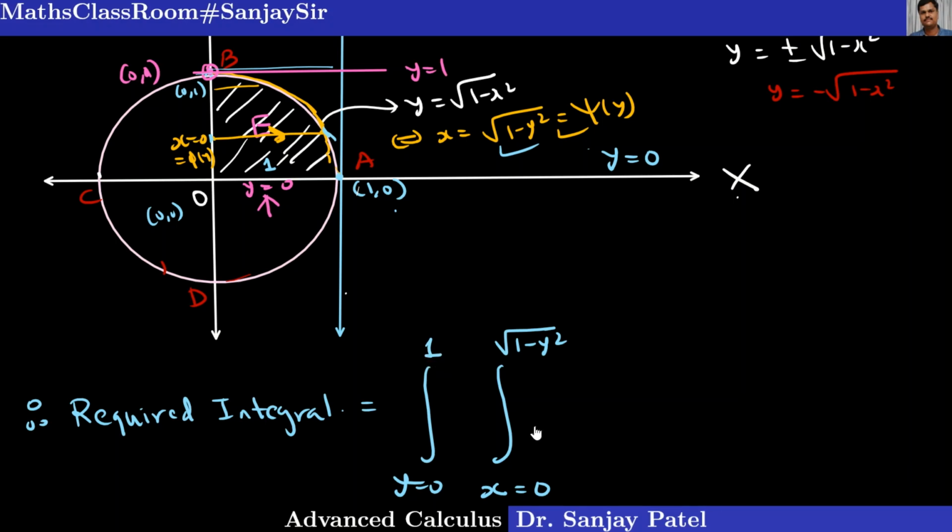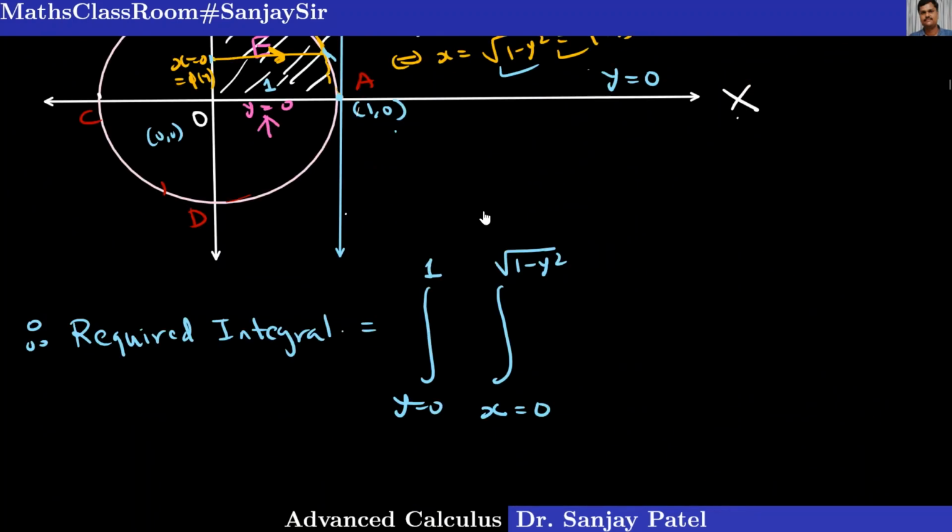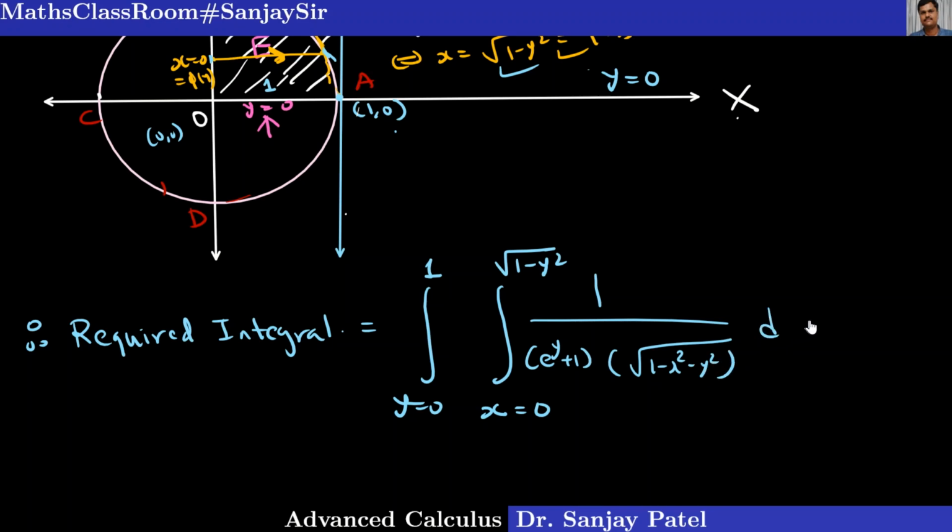So this is the new order, and we want to integrate our function. What was that function? 1 upon e raised to y plus 1, into square root of 1 minus x square minus y square, first with respect to x and then with respect to y.